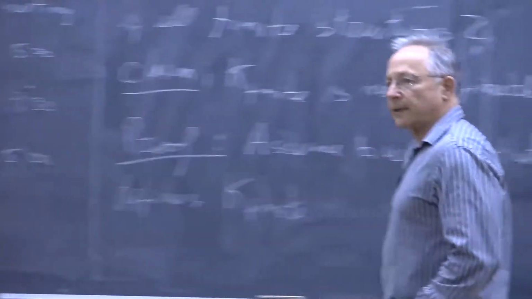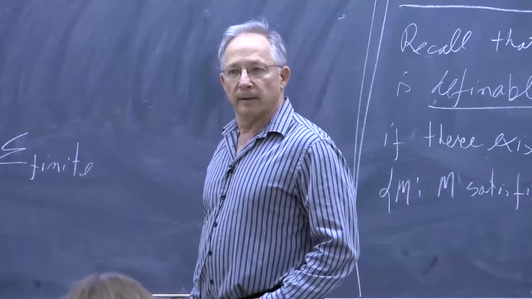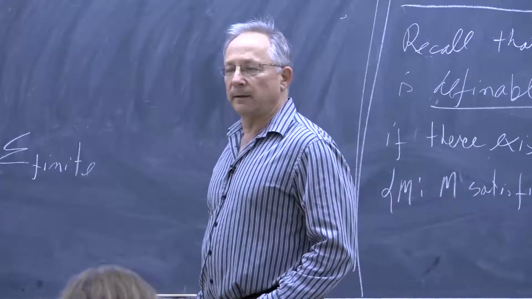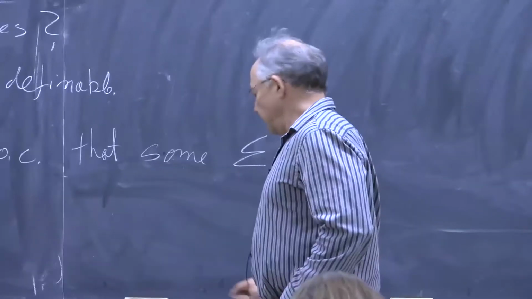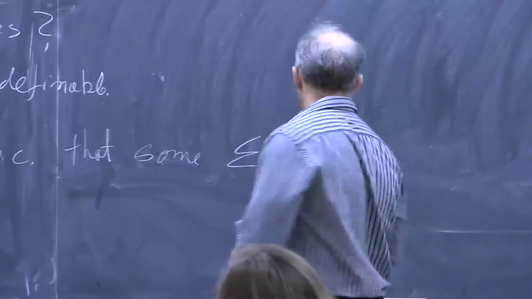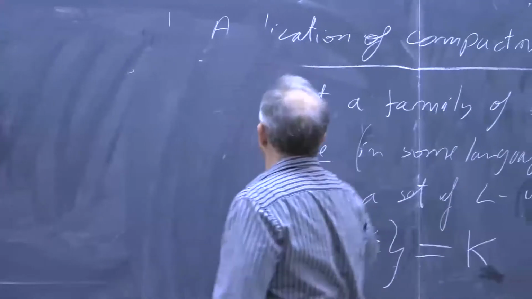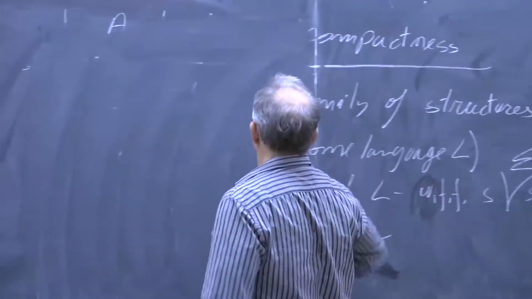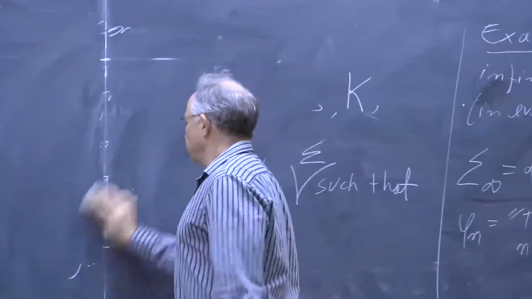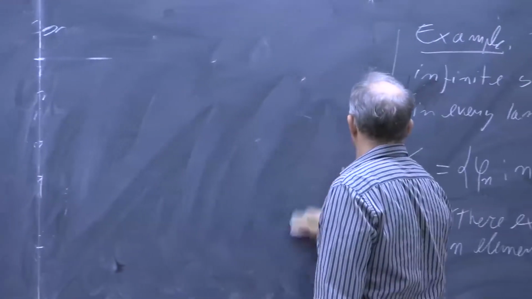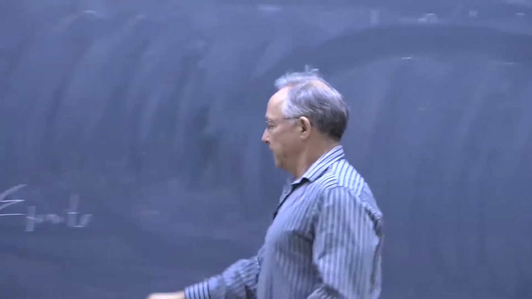Assume that we do have such a set. And now we will consider a new set of formulas. Striving towards a contradiction, we construct a set of formulas.